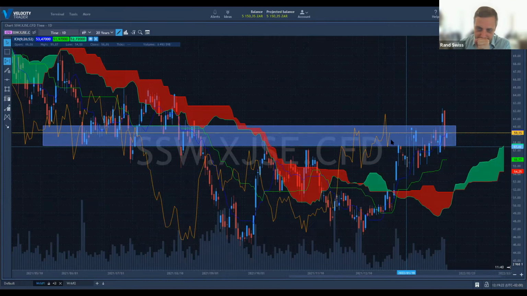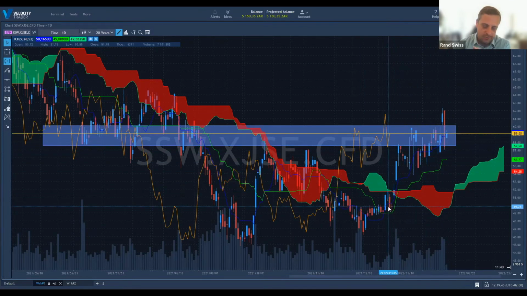Basically the lagging indicator is just whatever price is now. You can see it's at the exact same level as the current price, but it just takes the current price and moves it back 26 days. Or if you're looking at an hourly chart, 26 hours, whatever the time frame is on your chart. If price is above where it was 26 days ago, that's a bullish signal.